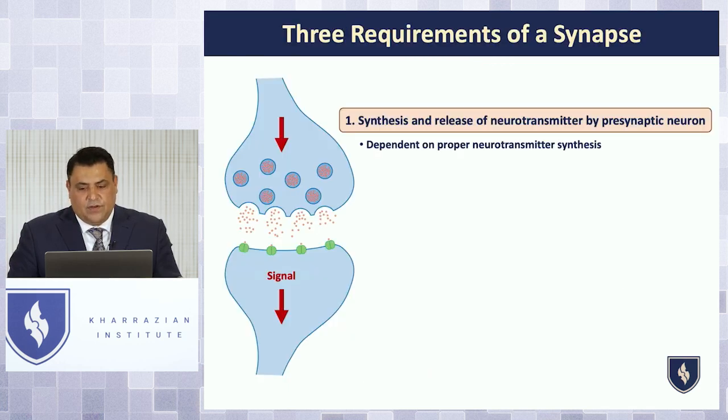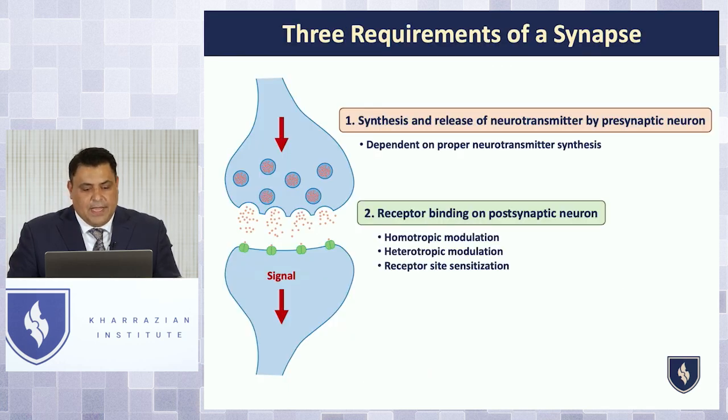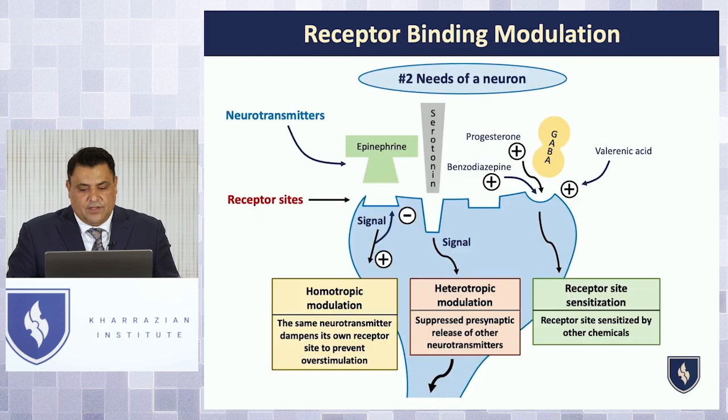And then once the neurotransmitter is released, it has to bind to the receptor site. And then there's the concept called homotropic, heterotropic modulation, and receptor site sensitization. Homotropic modulation means the same neurotransmitter dampens its own receptor site to prevent overstimulation. Heterotropic modulation means suppressed presynaptic release of other neurotransmitters.